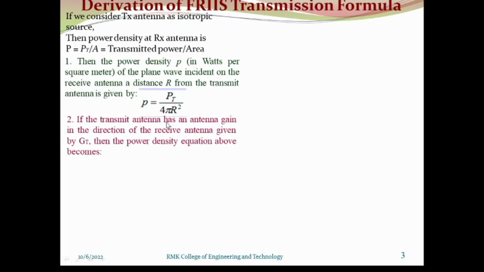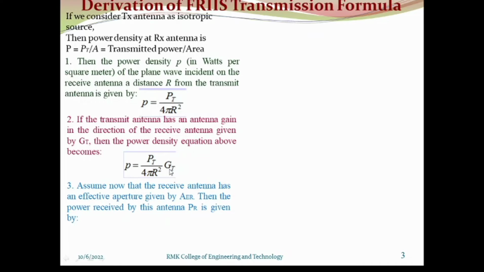If the transmit antenna has an antenna gain, GT will be combined with this power density, so we can directly multiply GT along with the power density, right? GT is the gain of the transmitting antenna system. Now assume that the receiving antenna has an effective aperture given by AER. So we can calculate the received power by multiplying the power density we have calculated with the effective aperture.